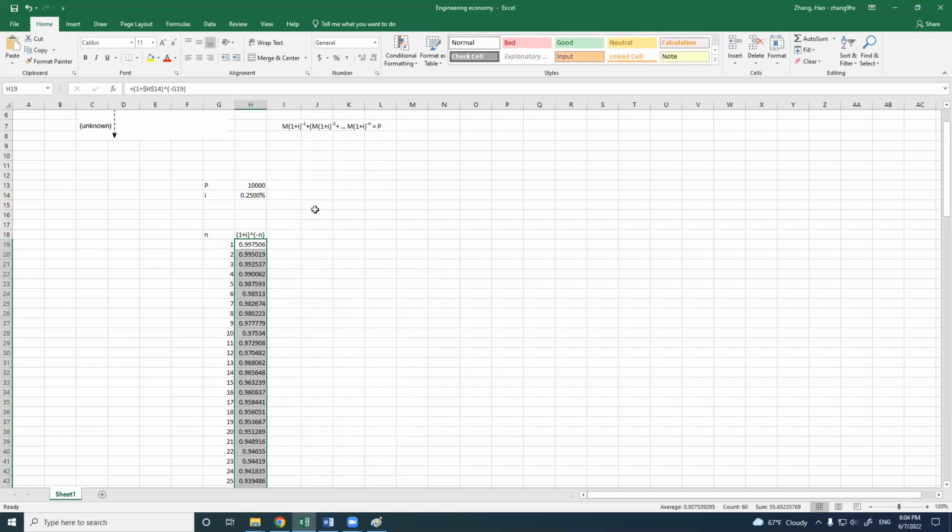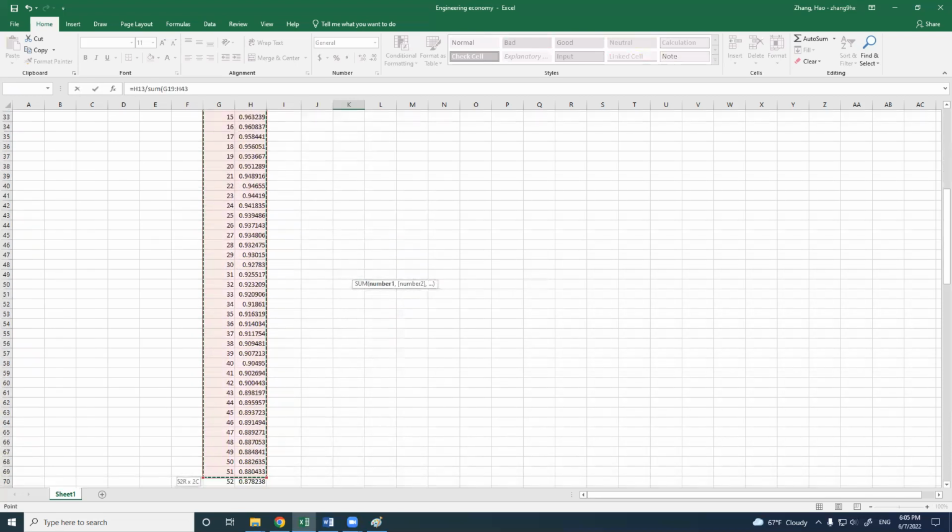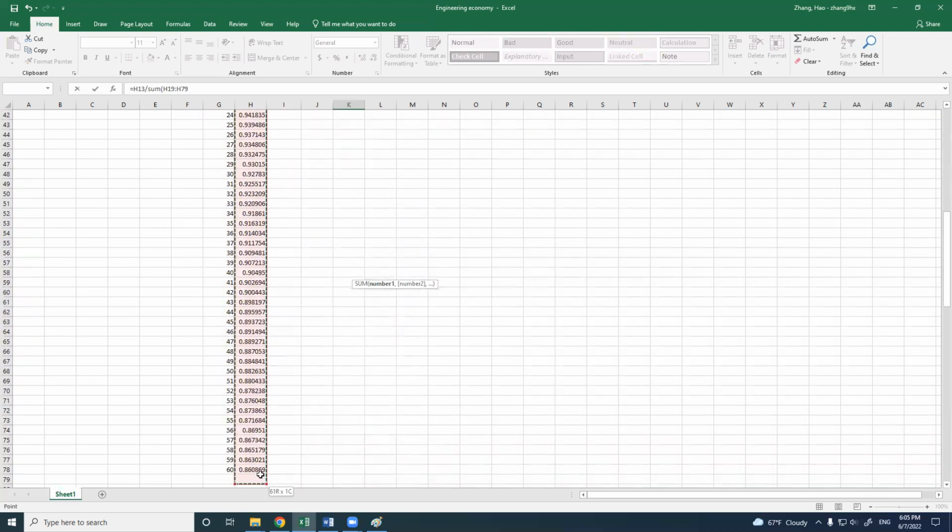So what do we do next? We know each single one of those. Now we need to do the calculation and find out what M is. M equals what? Use P, which is the present value, $10,000. We use this divided by the sum of all these values, the sum of all 60 values.